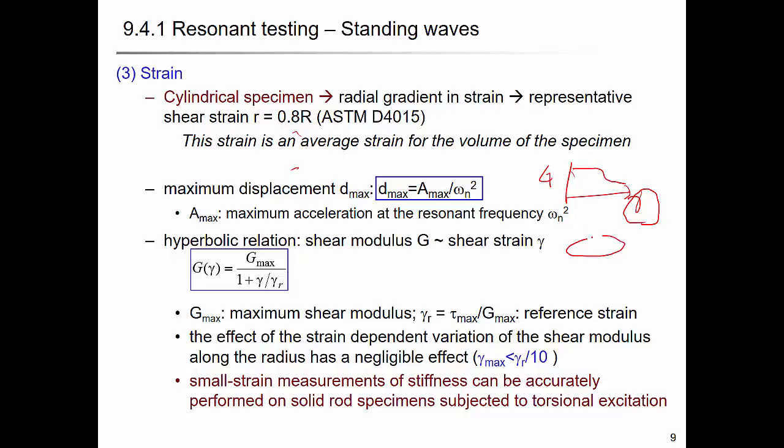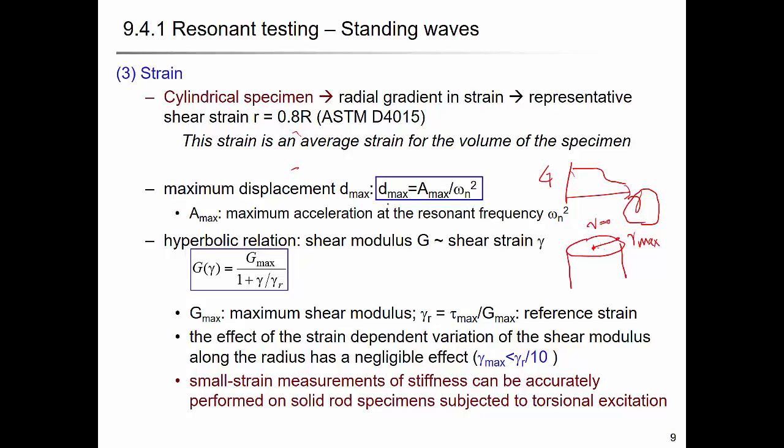As we talked before, when you have a cylindrical specimen, the shear strain is different as you go away from the center of the specimen, right? At the center, the shear strain will be 0. At the edge of the specimen, you have the shear strain at maximum.